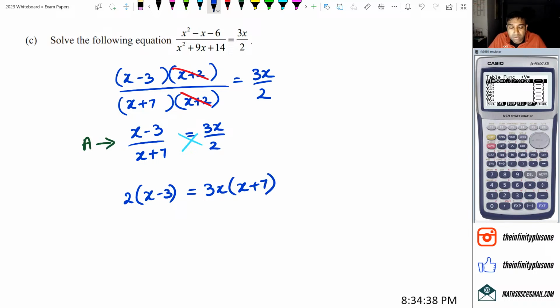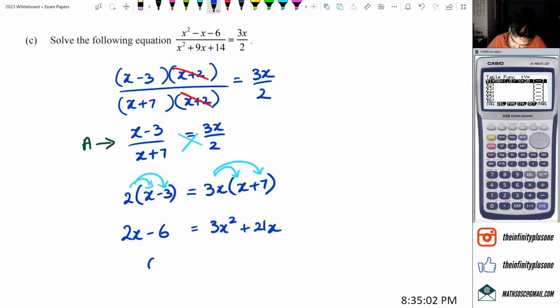Remember, when you have a fraction that is equal to another fraction, we cross multiply. At this point, we need to expand the brackets. So we get 2x minus 6 equals, on the other side, 3x times x, 3x times 7, which is 3x squared plus 21x.